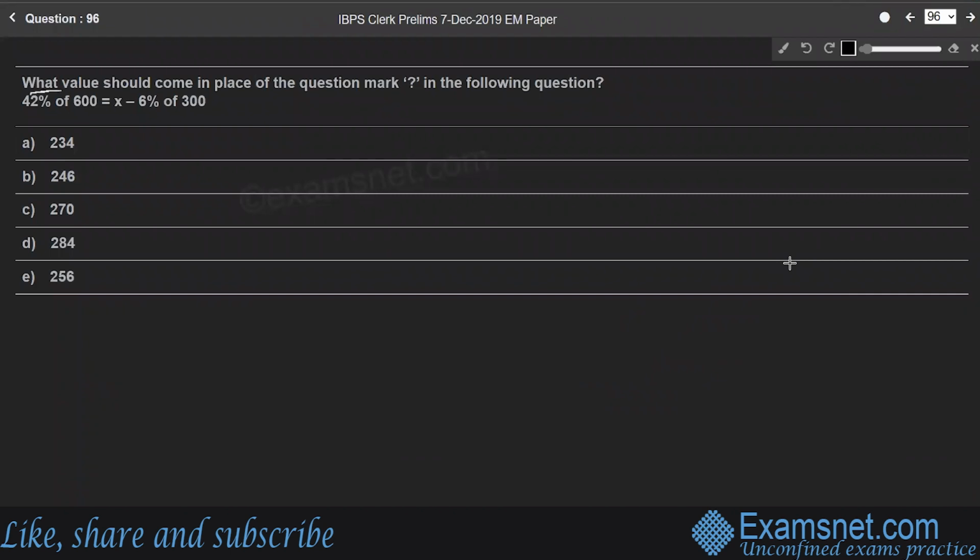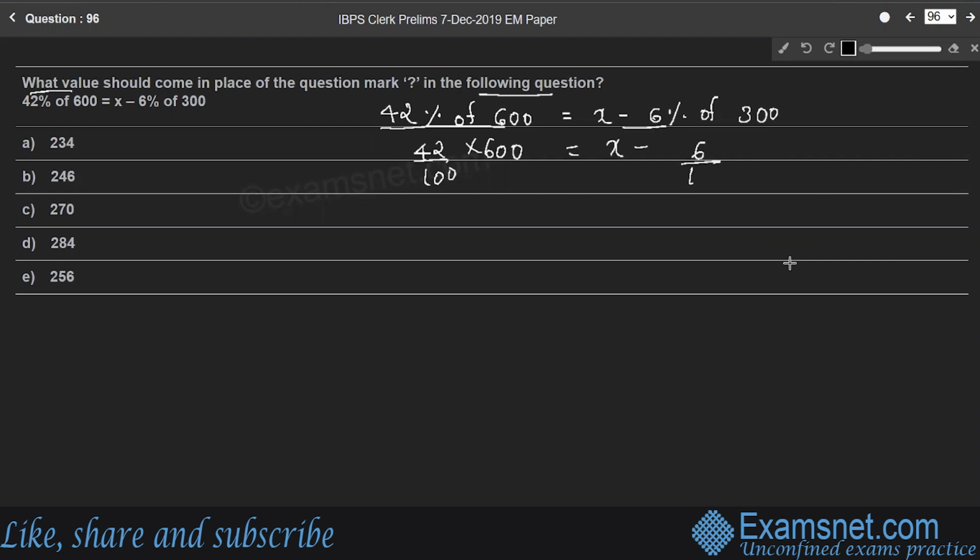Question 96. What value should come in place of the question mark in the following question? 42% of 600 is equal to x minus 6% of 300. Right? So let us solve for both LHS and RHS. Here 42% of 600 is 42 by 100 into 600, is equal to x minus 6% of 300, which means 6 by 100 into 300.